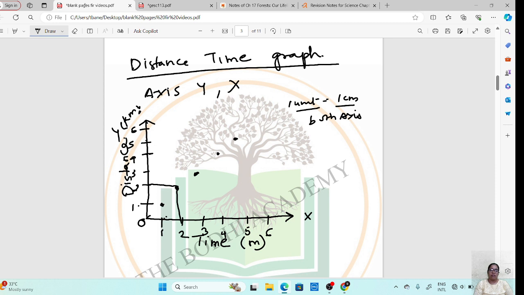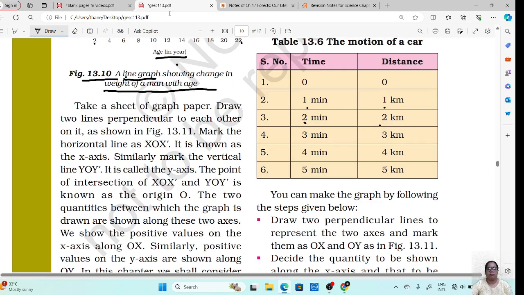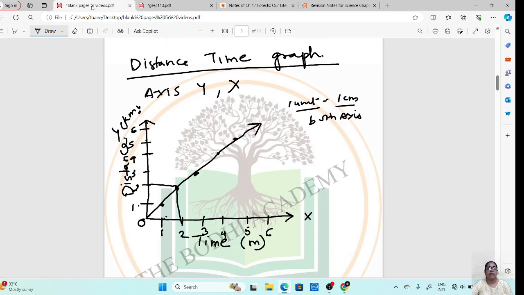So this person was moving at a constant speed. So this is how we will represent the data of a car, wherein it is given the time taken for the car to travel the particular distance, and this will be represented using a distance time graph like this.